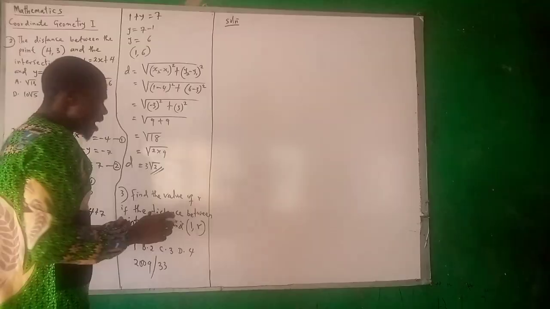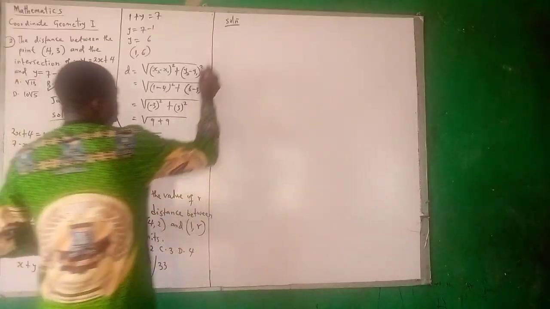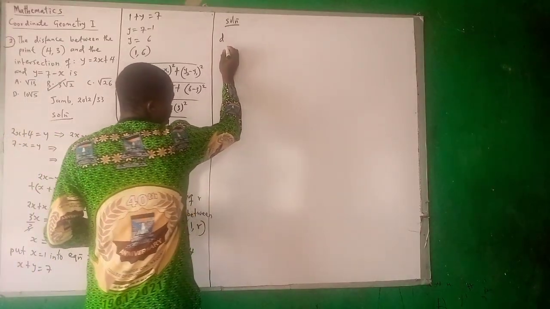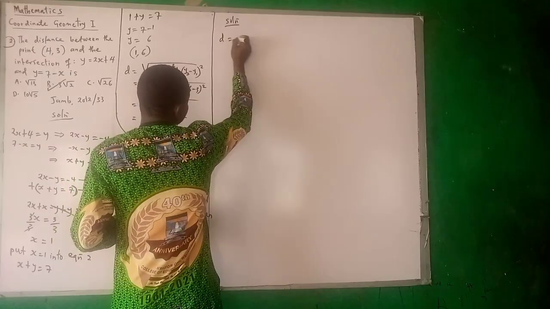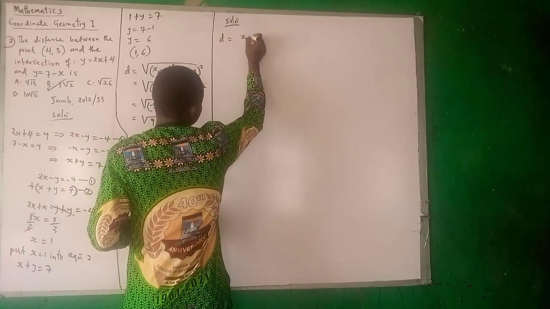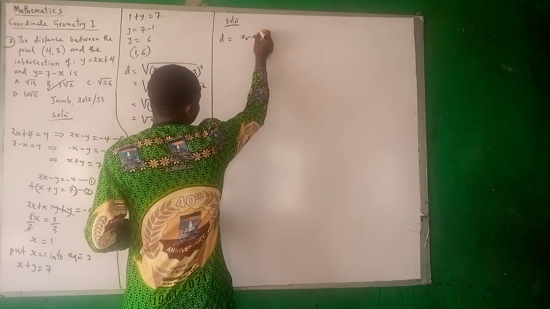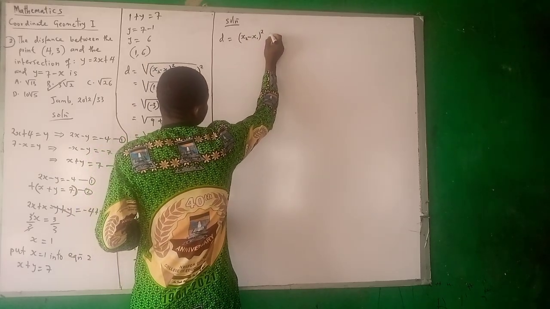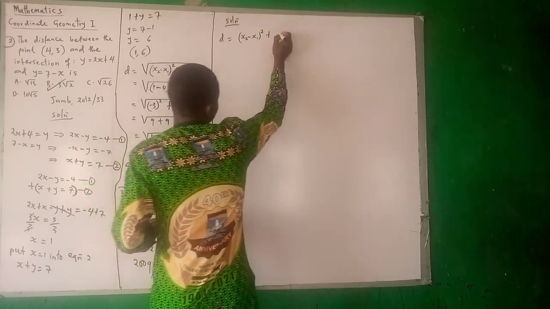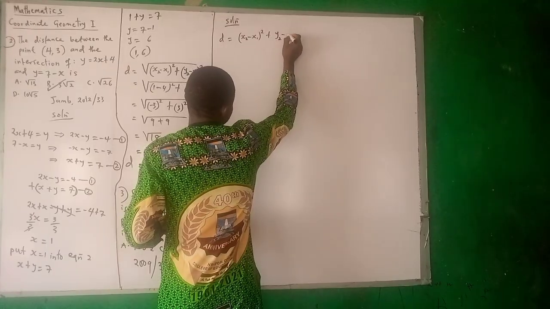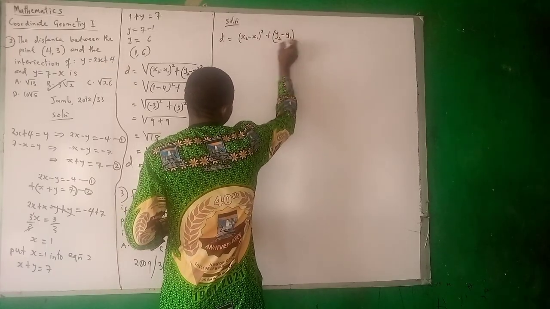Now the formula for the distance between two points, which you know, is d squared equals (x2 minus x1) all squared plus (y2 minus y1) all squared.